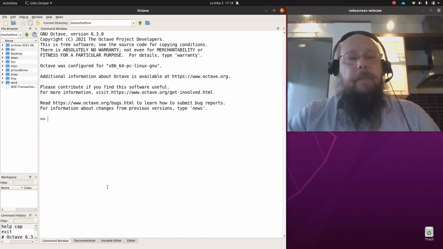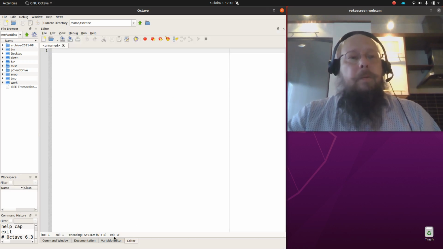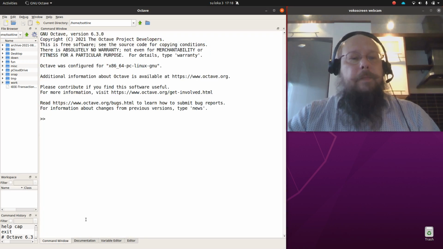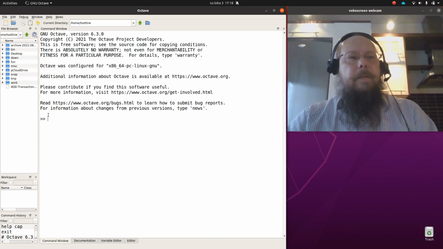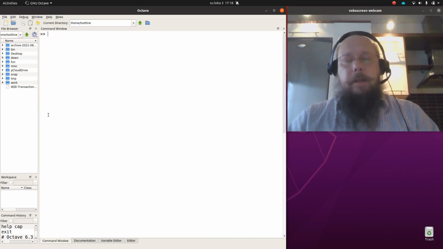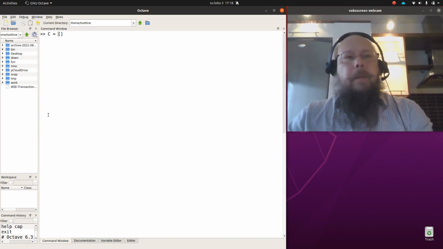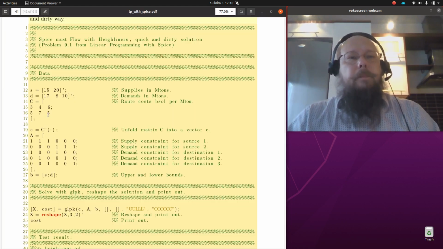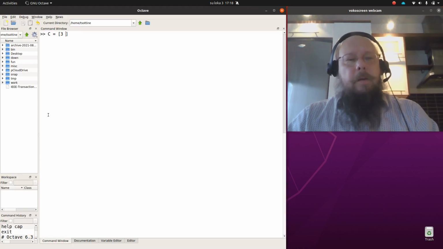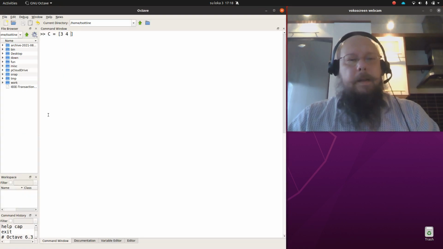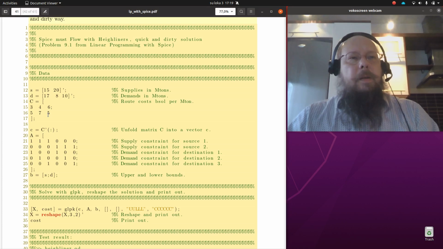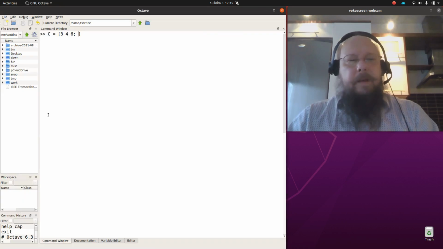So we have a C like this, and I'm doing a construct like that. What does it do? Let's try out. Control L clears the screen. Let me put C to be what it is. It's 3, 4, and 6 was the first row. Second row is 5, 7, 5.